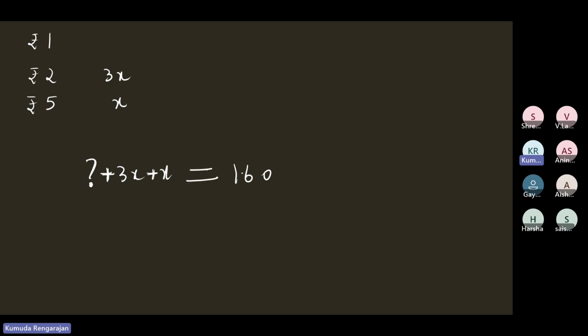This is the total number of coins, and 300 is the total value of money. 160 is the total number of coins. When you count 1, 2, 3, 4, 5, 6, you have 160 coins. But what is the value of all the 160 coins? 300 rupees.